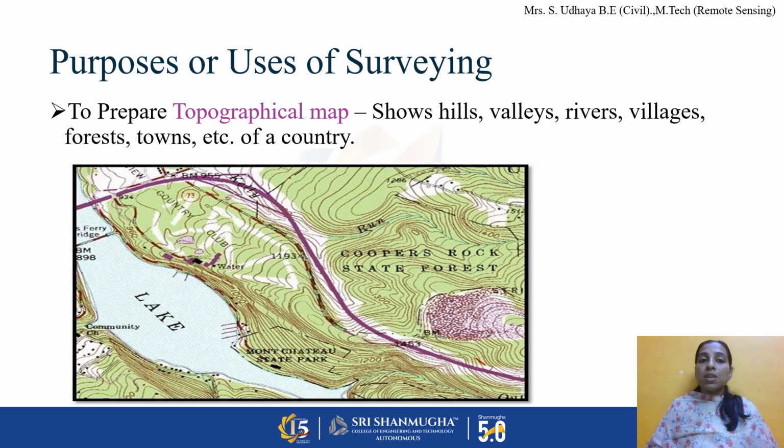In topographical map, the word topo means earth surface. A topographical map is the map which contains all the earth surface features, for example hills, valleys, rivers, villages, forests, towns. So all the earth surface features may be contained in this topographical map.